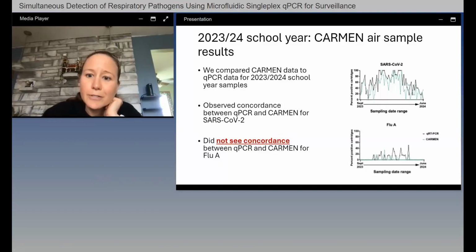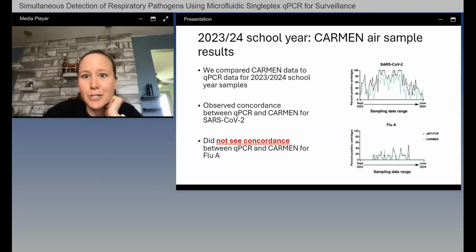You can see for SARS-CoV-2, both qPCR and Carmen data follow the same trend line, where there's an increasing amount of detection of positive cartridges. This is kind of the winter months. Currently, SARS-CoV-2 doesn't seem to have a season, but we did observe more of it in the winter for this school year. However, we did not observe any concordance between qPCR and Carmen for flu A.